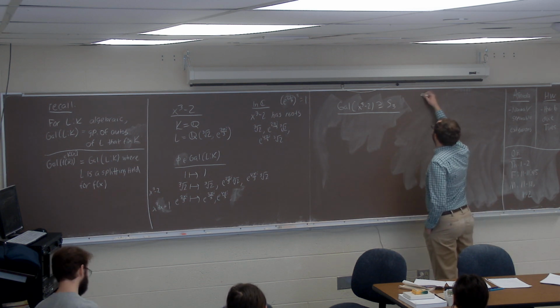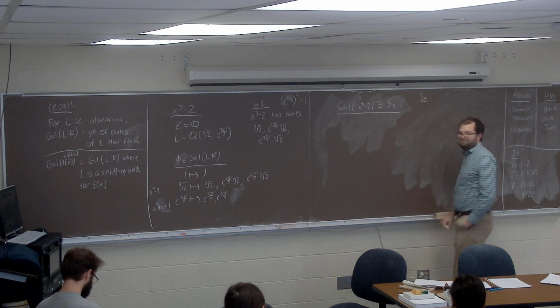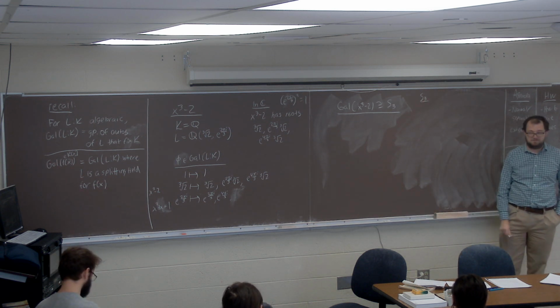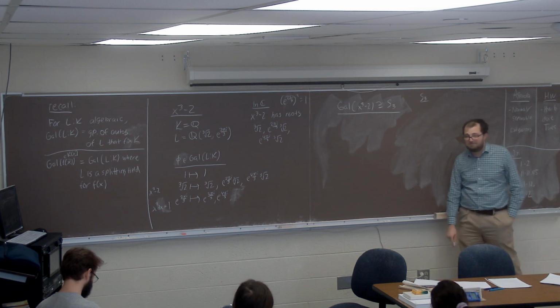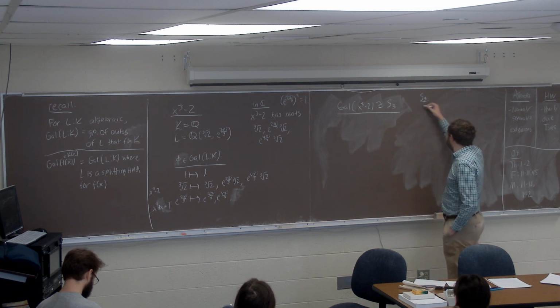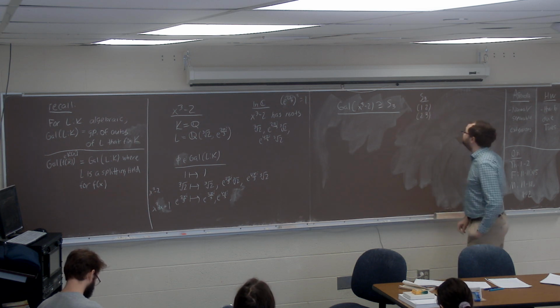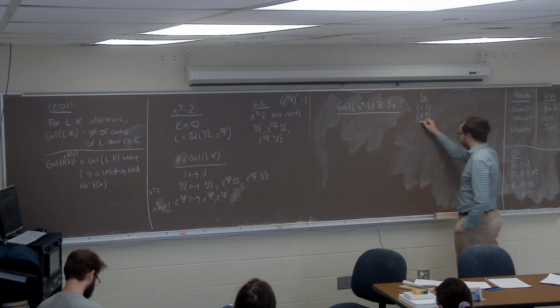Glad to hear it. So, what are the elements in S3? There are 6 of them. James? Let's see if I can remember this. First, there's the doublets: (1 2), (2 3), (1 3).